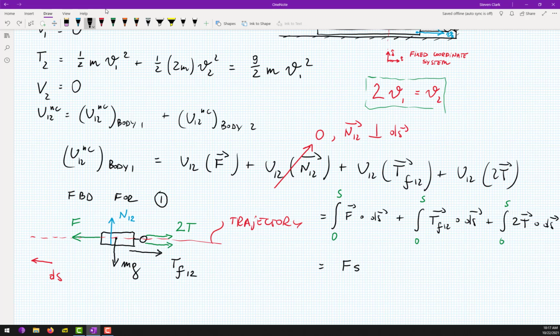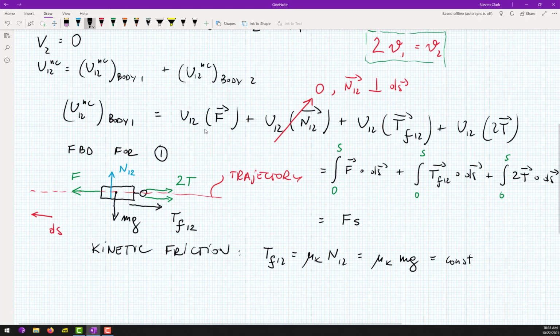TF12 is also constant, because we have kinetic friction. That means TF12 is exactly mu k times N12. And N12 is mg. So it would be mu k mg. This is constant. Great.